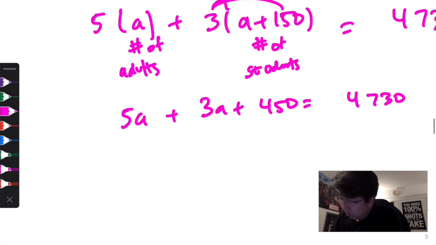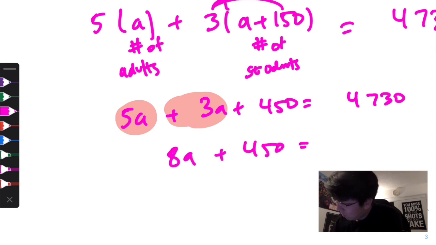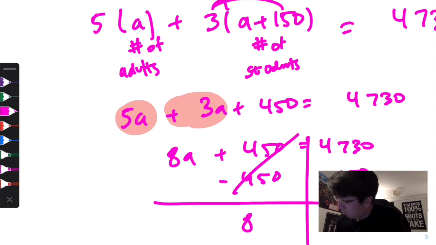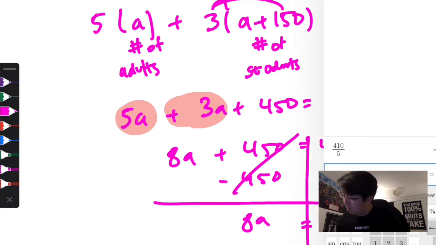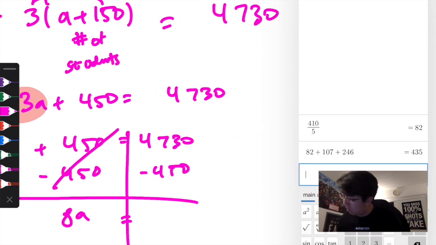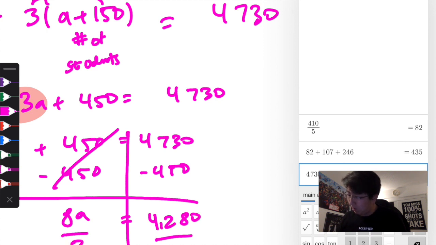Combine like terms. 8A plus 450 equals 4,730. Subtract 450: 8A equals 4,730 minus 450, which is 4,280.